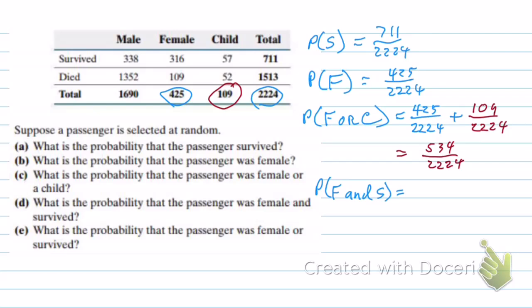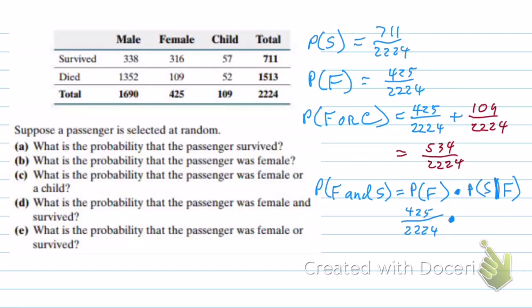So I'm going to say, okay, the probability of female times, and here's where that conditional probability comes in, the probability of survive given that we picked a female. So what's the probability of female? Well, it's still 425 out of 2224 times, now I've got to say, all right, given that I got a female, what's the probability she survived?